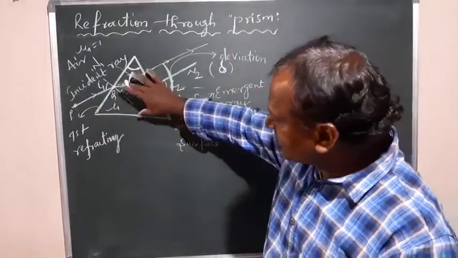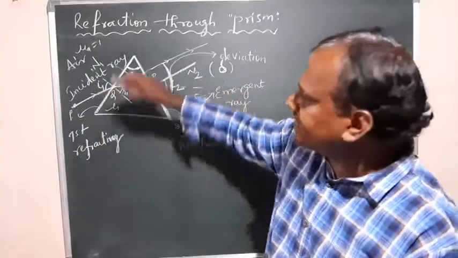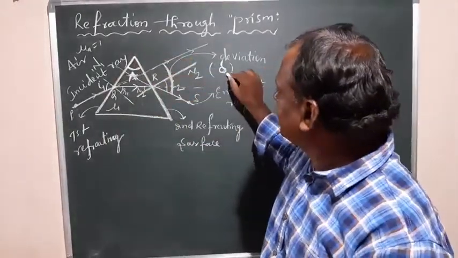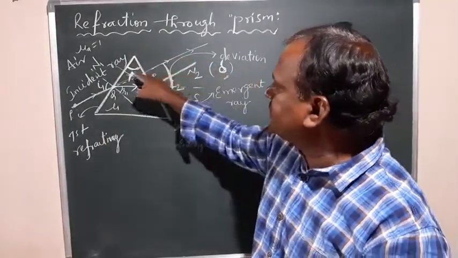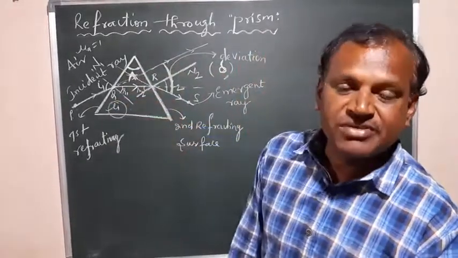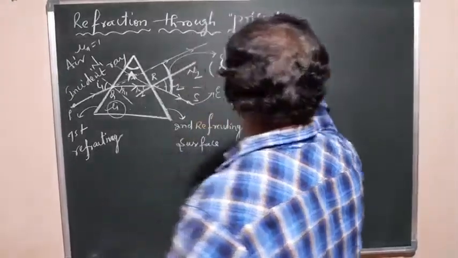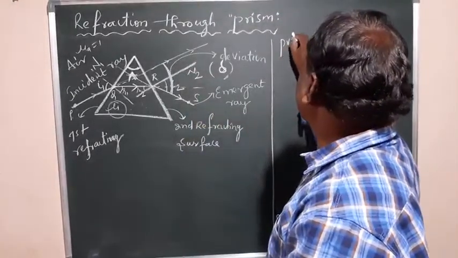The refractive index of the glass prism can be determined with only two terms, that is the angle of prism and the minimum deviation. If you know these two variables, you can find the refractive index of the glass prism. That equation is called the prism formula.